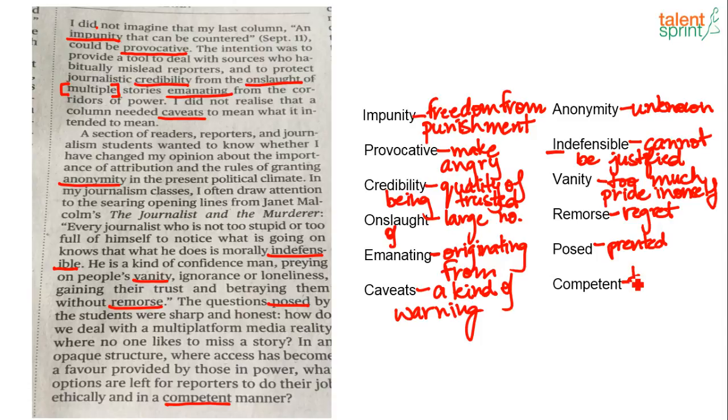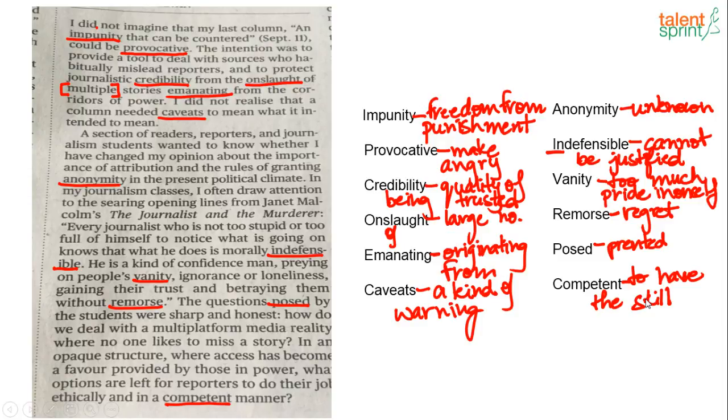So reporters not only have to have the skill to do something, but they also have to do it ethically. So what does competent mean? To have the skill. So let's put our meaning. To have the skill. There goes the meaning of the word.